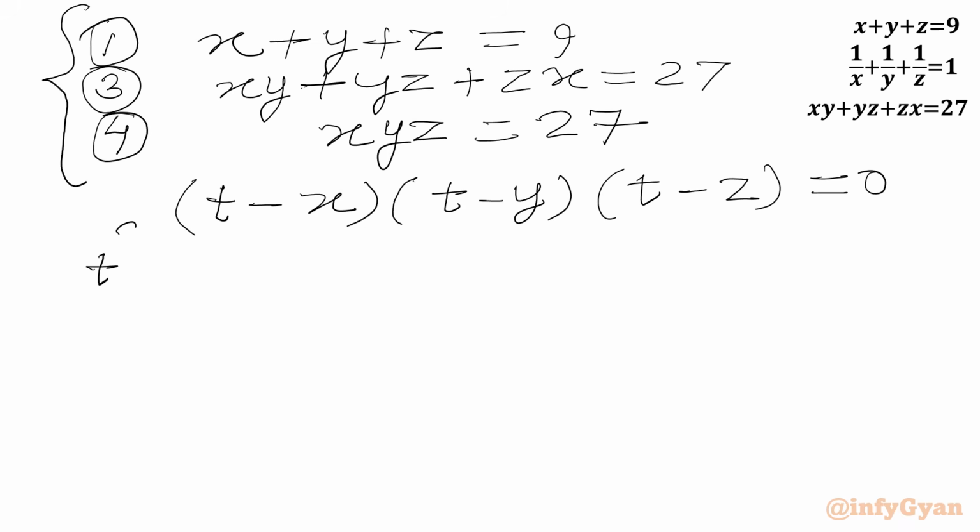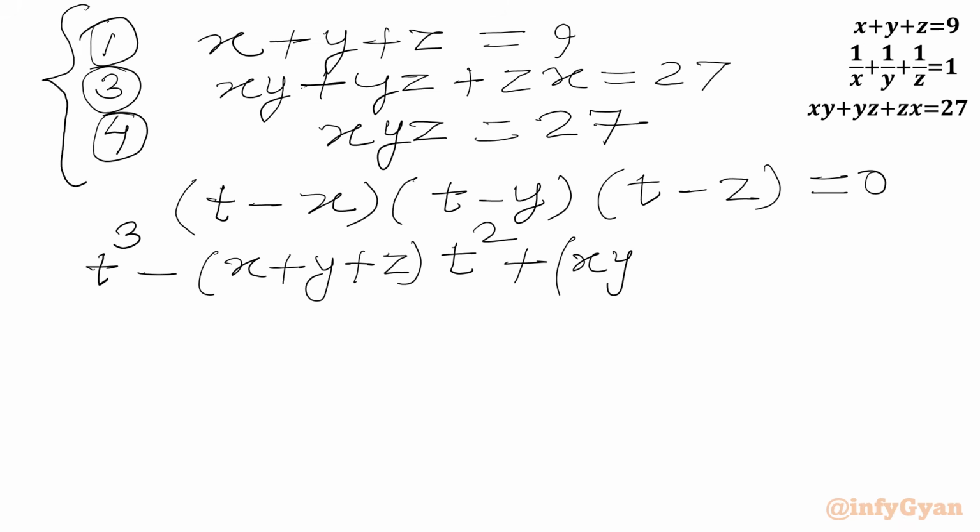We will write t cube minus (x plus y plus z) times t square plus (xy plus yz plus zx) times t minus xyz equal to 0.